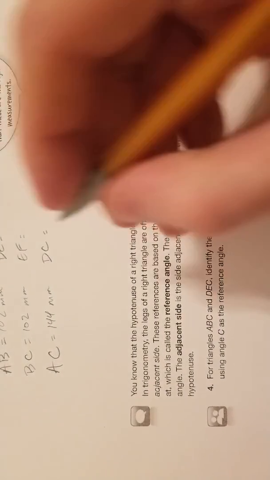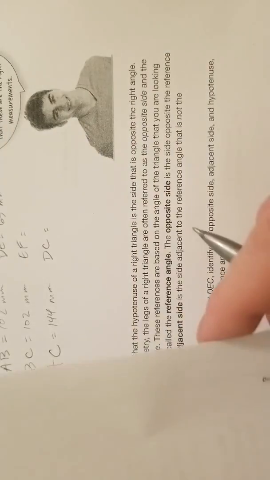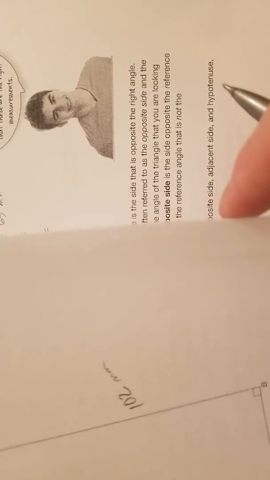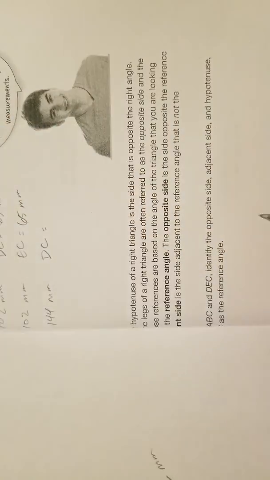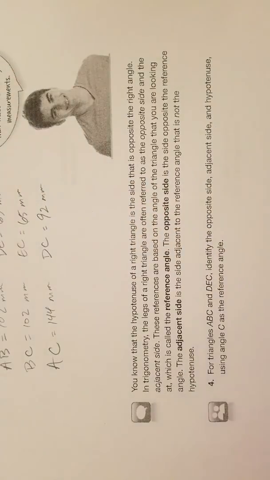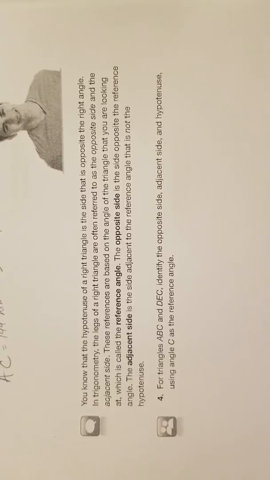So I got DE as 65 millimeters, and EC was 65 millimeters. And DC I measured as 92. Okay, there's a reason for why we're taking down all of these measurements, and we're going to get to it in a second.